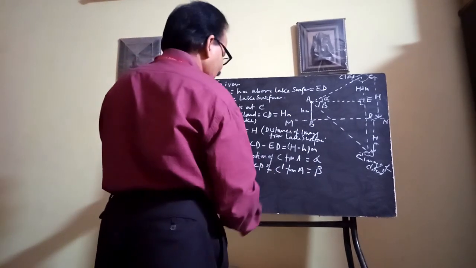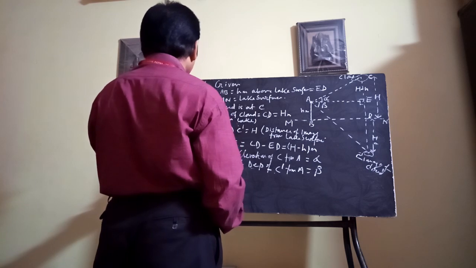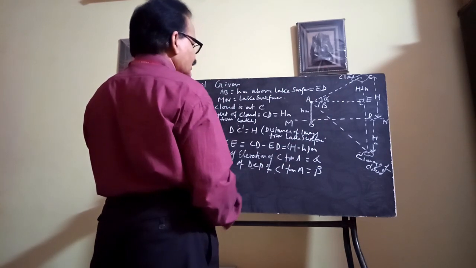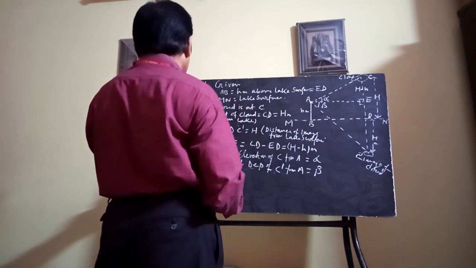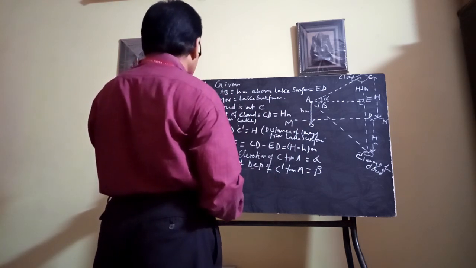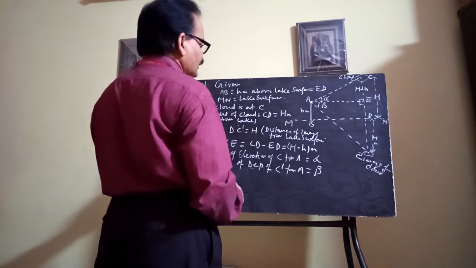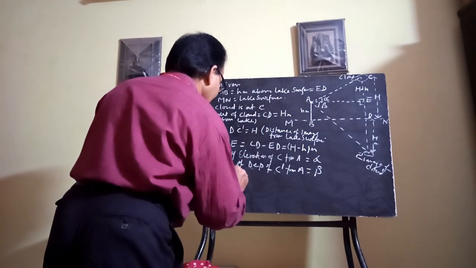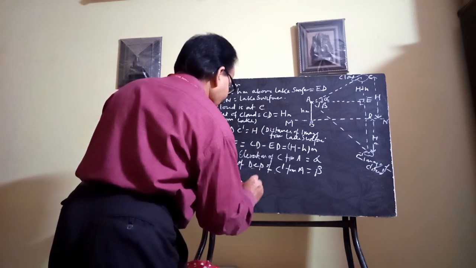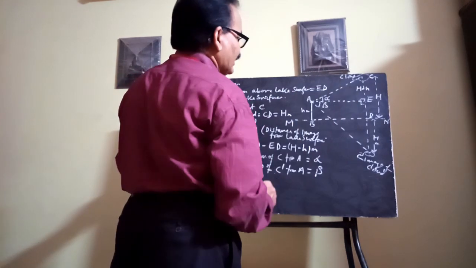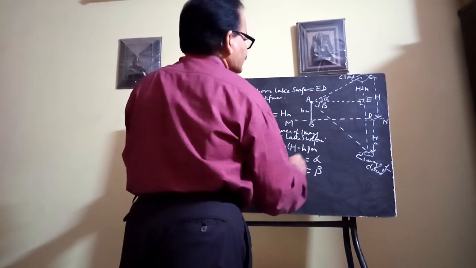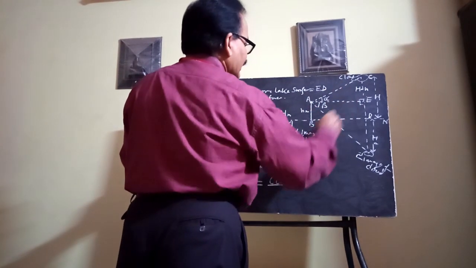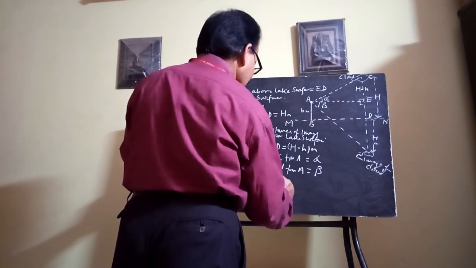So here, you have to prove that the distance of the cloud from the observer, that is AC, is 2h sec alpha divided by tan beta minus tan alpha. So here you write tan alpha equals, from this diagram, CE by AE.